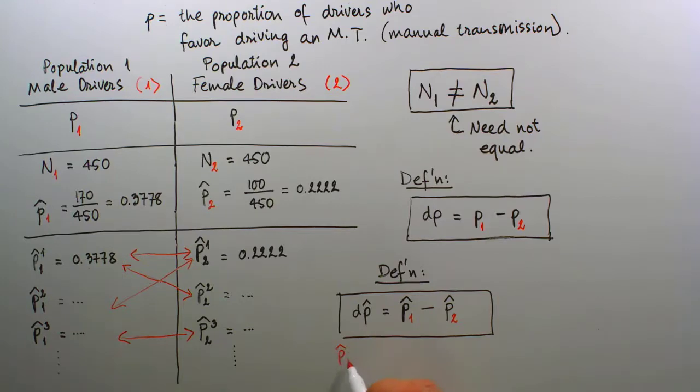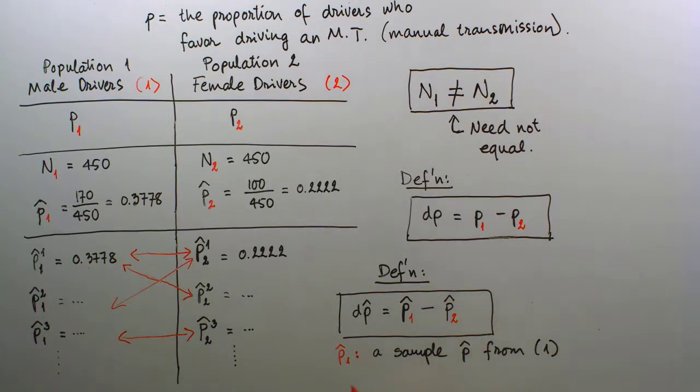So p hat 1 in this definition is a sample proportion from, importantly, population 1. But pay attention to my words over here. I'm saying a sample, or any sample. So p hat 1 here generally represents any sample proportion from population 1.